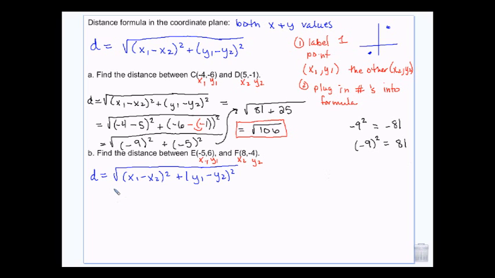Okay, so I have x1 is -5, x2 is 8, y1 is 6, minus y2, which is -4, so I have another minus a negative there.